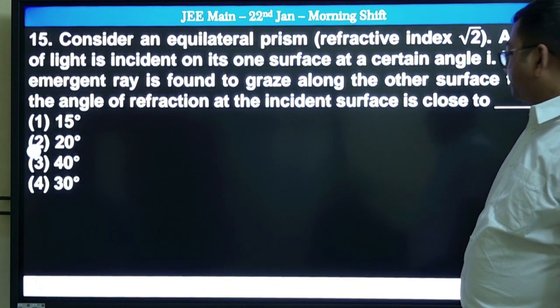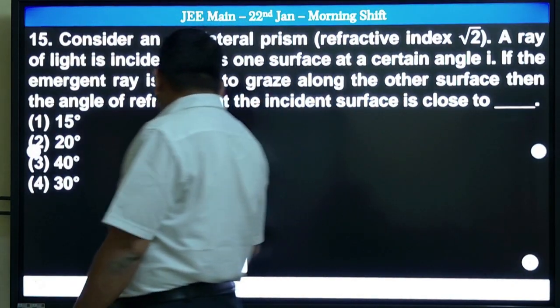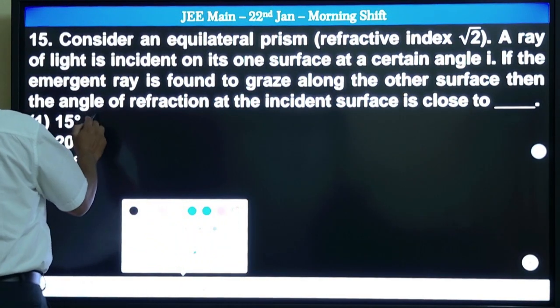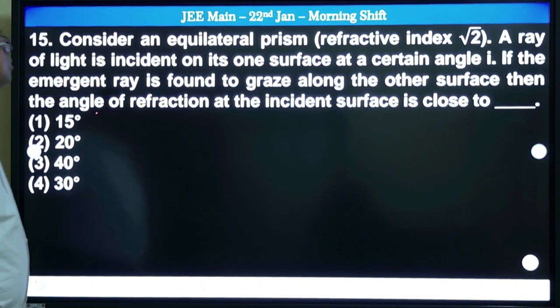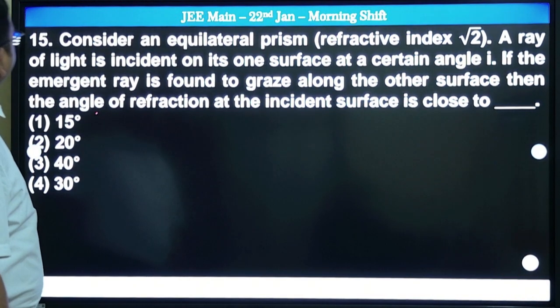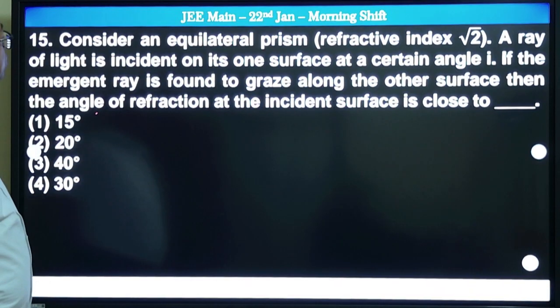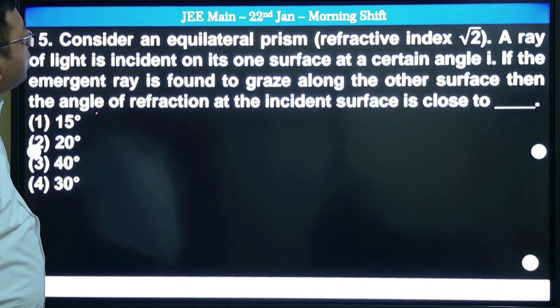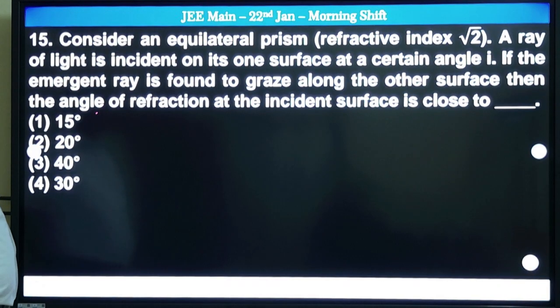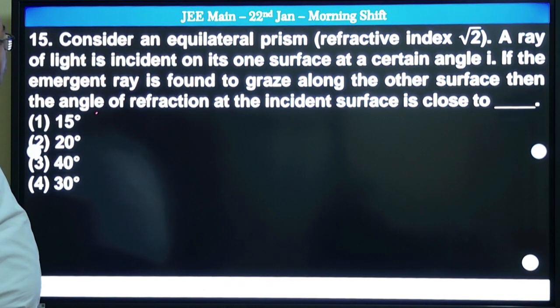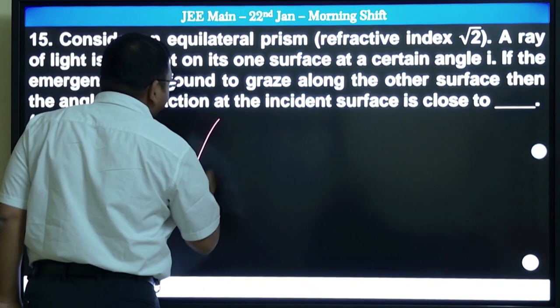Question number 15. Consider an equilateral prism of refractive index √2. A ray of light is incident on one surface at a certain angle i. If the emergent ray is found to graze along the other surface, then find the angle of refraction r1. So let's draw quickly the diagram.